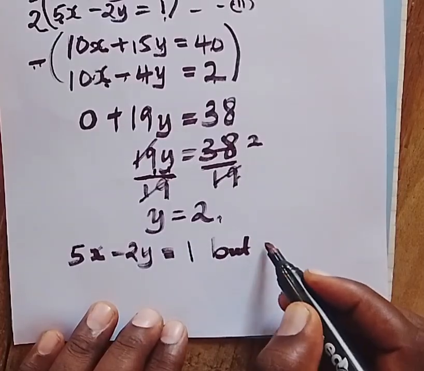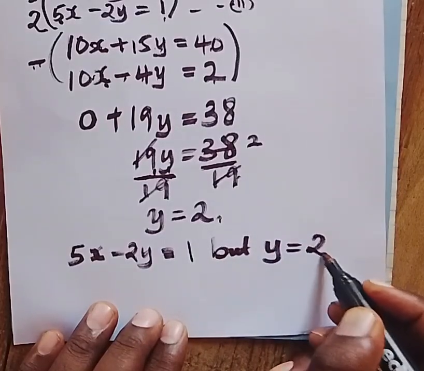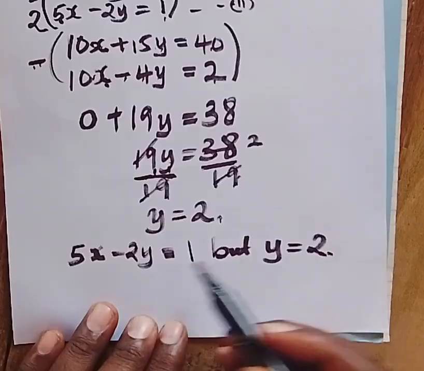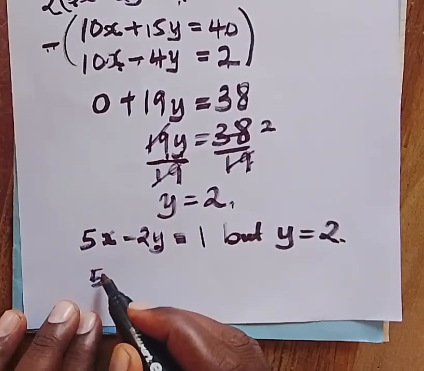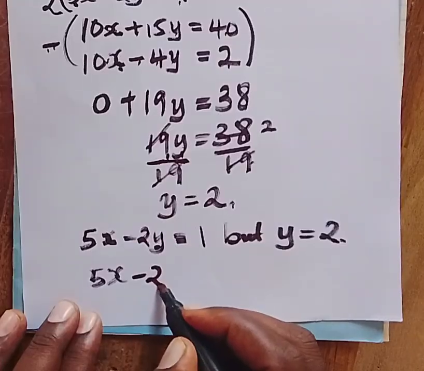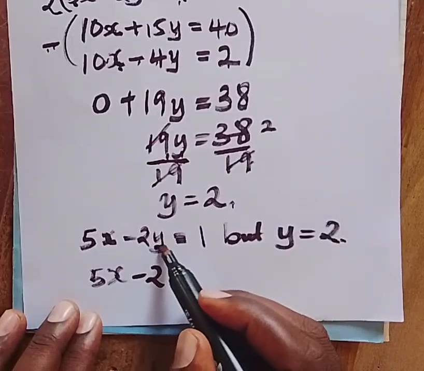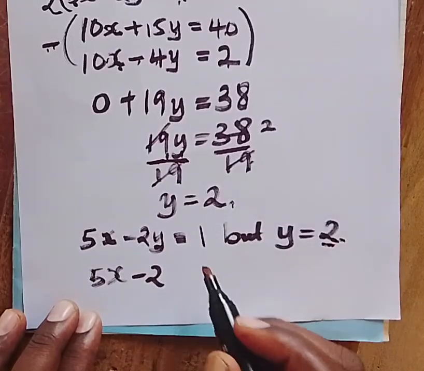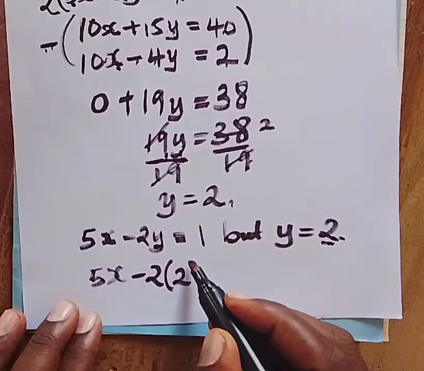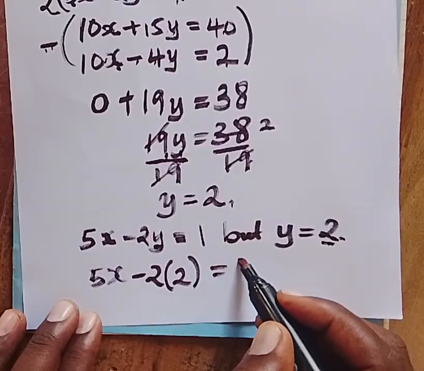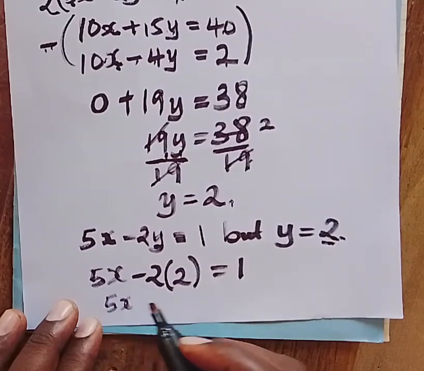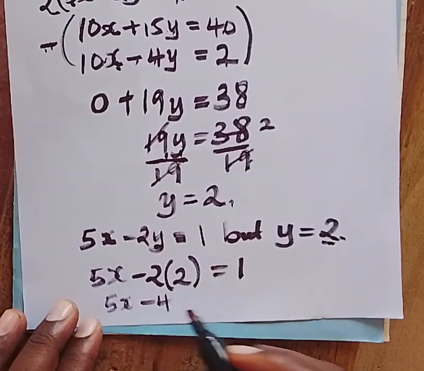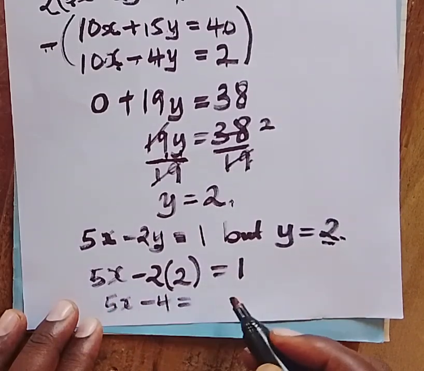But y is equal to 2. Where you have y, you replace it with 2. So I'll say 5x minus 2 times 2 is equal to 1. Therefore, I have 5x minus 4 is equal to 1.